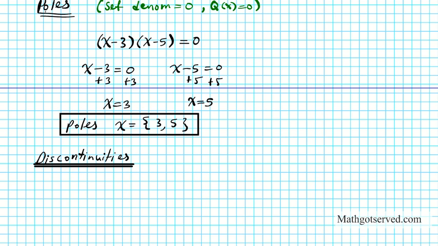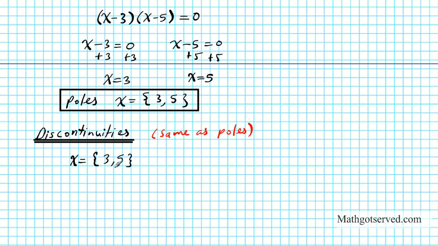The discontinuities as a whole are the same as the poles, so your discontinuities are going to be x equals 3 and 5. Now these discontinuities could be a combination of 2 types or just 1. So the question is, which of them are removable discontinuities here? Removable discontinuity.